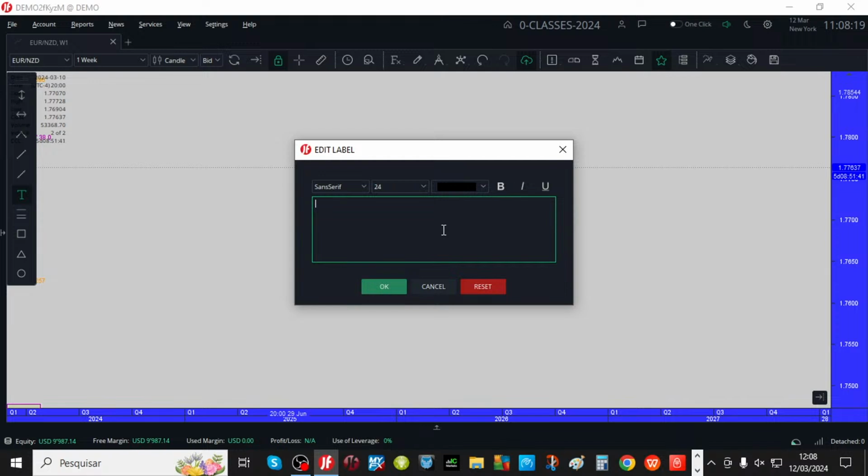Fibonacci has a tradable edge. What does this mean?